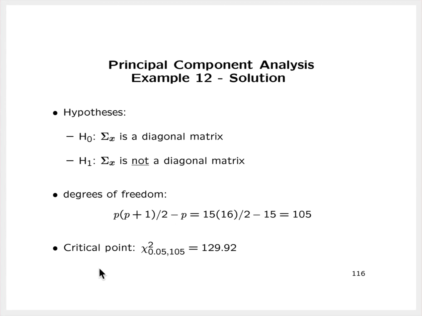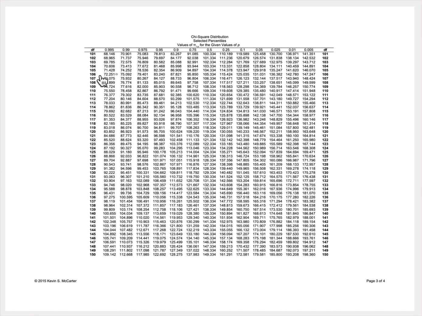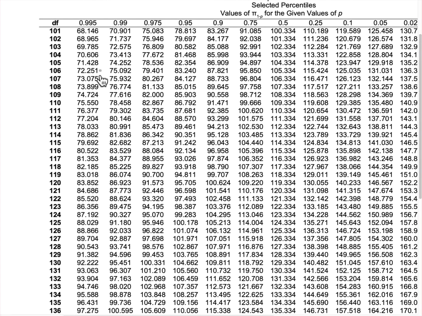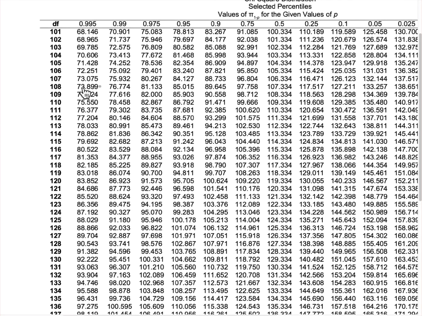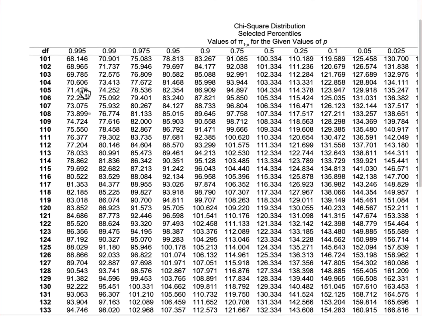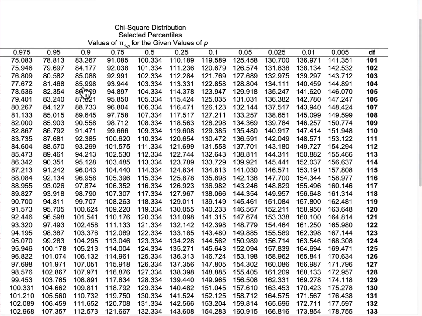Now, the critical point for the test is the upper fifth percentage point of the chi-square distribution with 105 degrees of freedom. All right, and that is equal to 129.92. Now let me bring up the chi-square table that I've got out on Moodle for this course. And so we have 105 degrees of freedom.